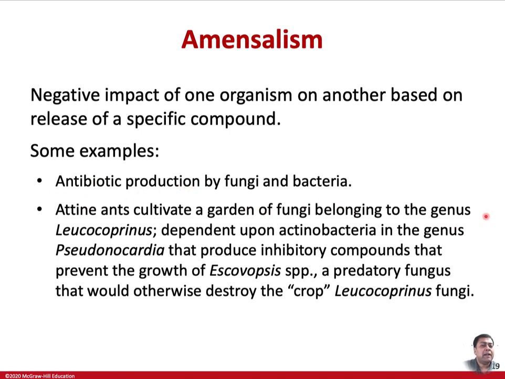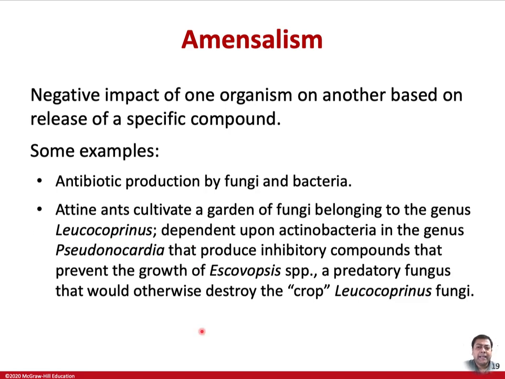This is dependent upon an actinobacteria in the genus Pseudonocardia that produces inhibitory compounds that prevent the growth of Escovopsis species. This is a predatory fungus for the Leucoagaricus. This will destroy that fungal garden. So this is a nice way that the ants carry this Pseudonocardia on their body so that Escovopsis cannot destroy the Leucoagaricus species.